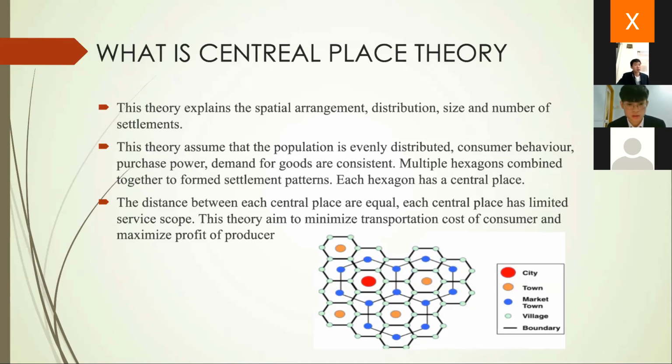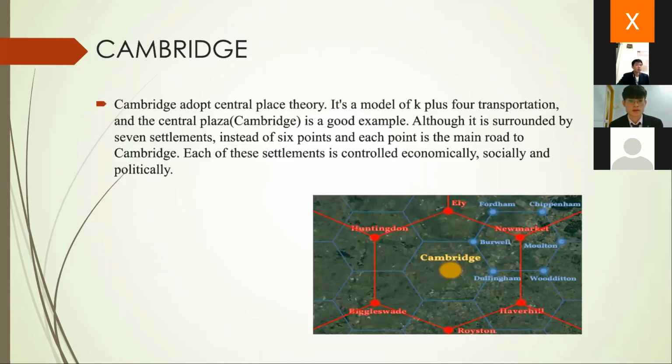The distance between each central place is equal. Each central place has a limited service scope. This theory aims to minimize transportation costs of consumers and maximize profit of producers. Next. For example, Cambridge adopts central place theory.